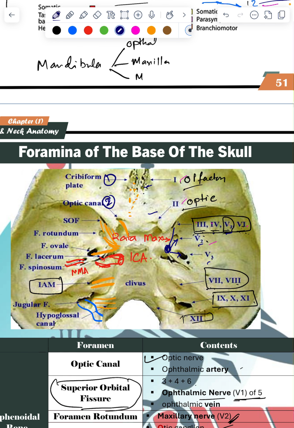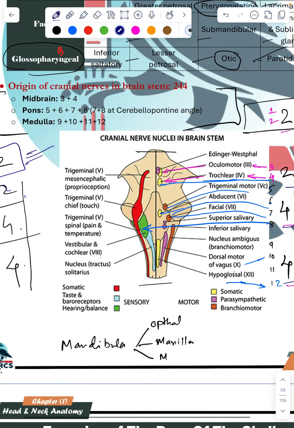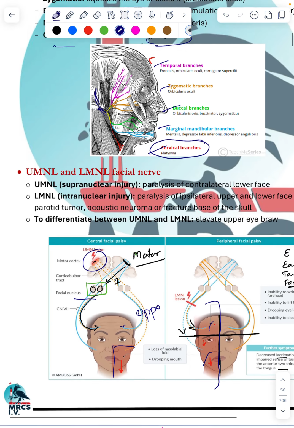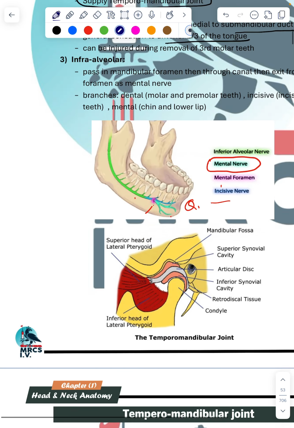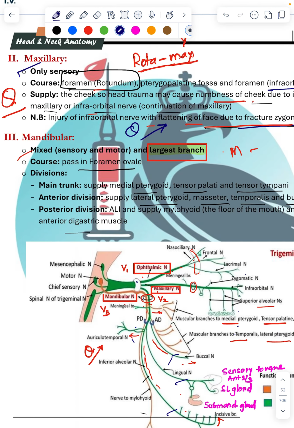So ophthalmic, maxillary, mandibular. Instead of getting confused about which nerve passes through which foramen, note that rotundum is situated in the center, that's why it is the second, maxillary division, so remember it as rotamax. Then oval, mandibular, and then the superior orbital fissure, anterior, is where ophthalmic goes. So this was regarding the trigeminal ganglion and its three divisions passing through three different foramina.